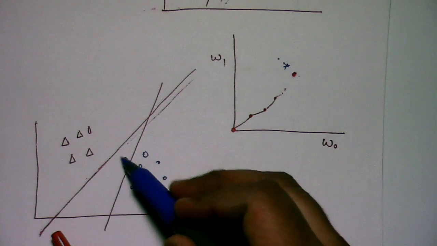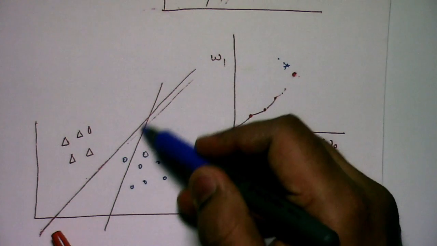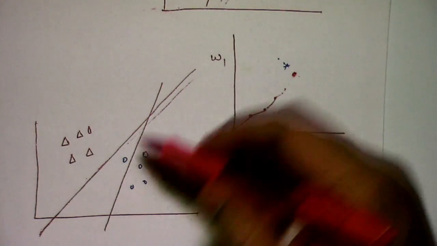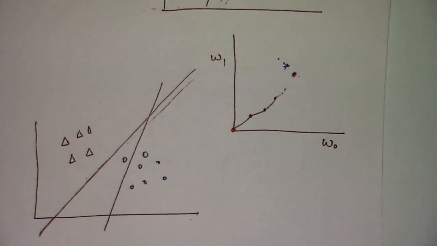This one will still classify it as a blue point because it's on the other side, whereas this line would misclassify it, right? So the idea is that if you stay in the middle, while ensuring that your training error is zero, then it will give you better generalizability. So there's less chance of making error in the test case.